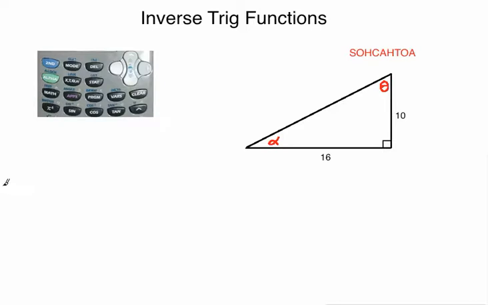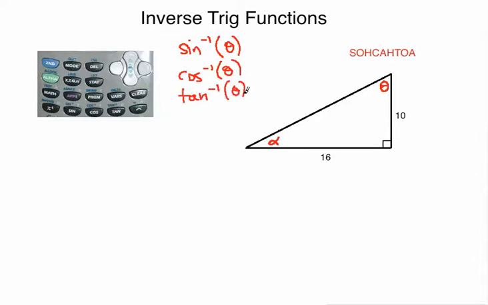When you see an inverse trig function, they look like this. So sine -1 of theta, for example, or cosine -1 of theta, and of course tangent -1 of theta.